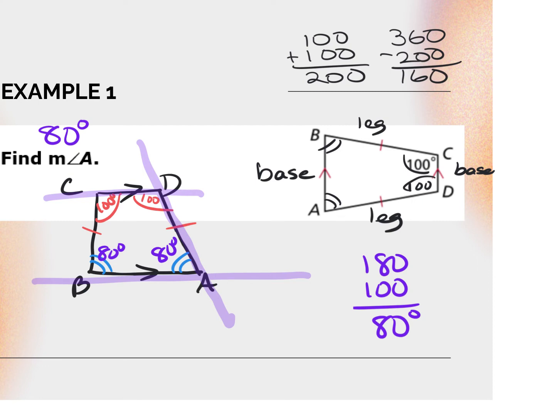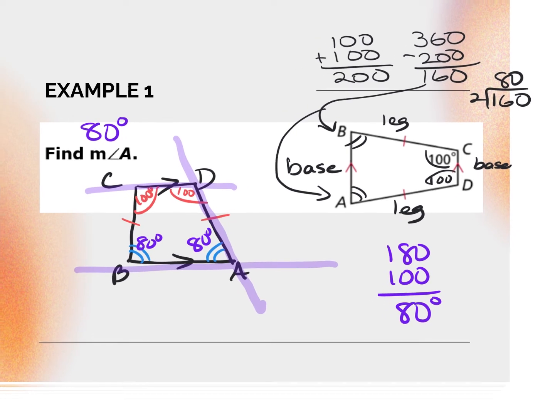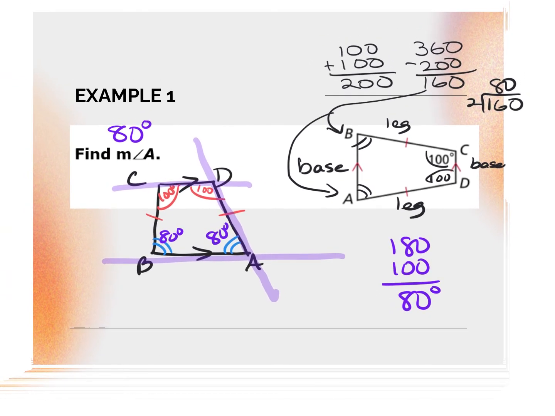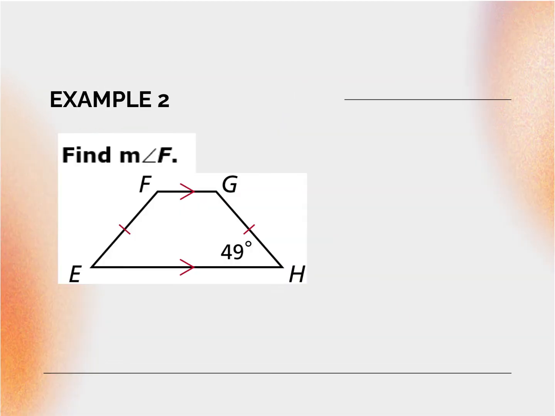That's going to be the amount shared between A and B, so I have to divide it by 2. And then I get 80 that way as well. That's the longer way. It's a lot faster to use the fact that you have consecutive interior angles. Here we go. Next example.